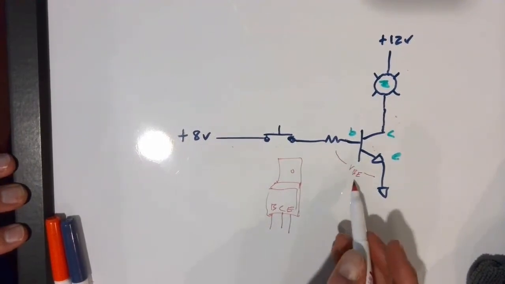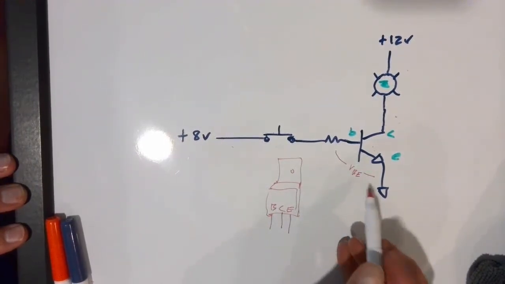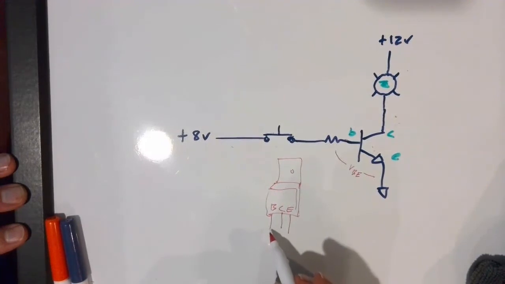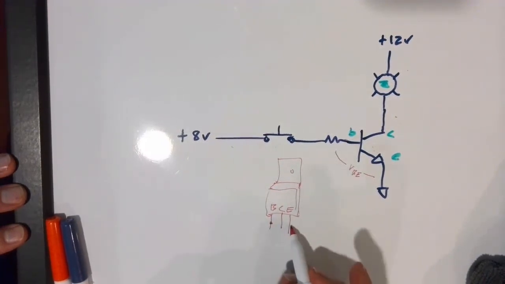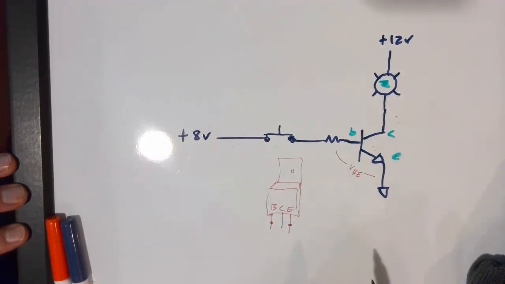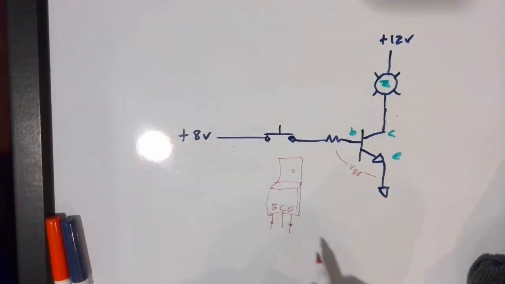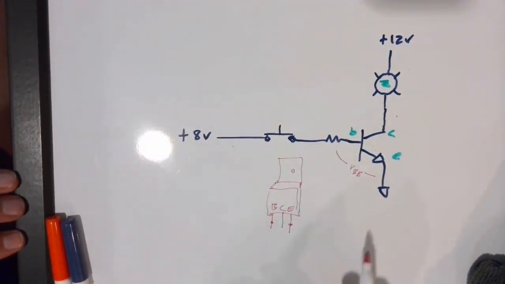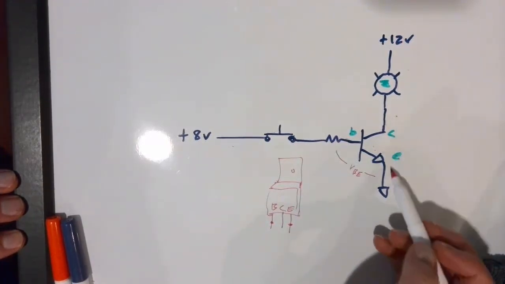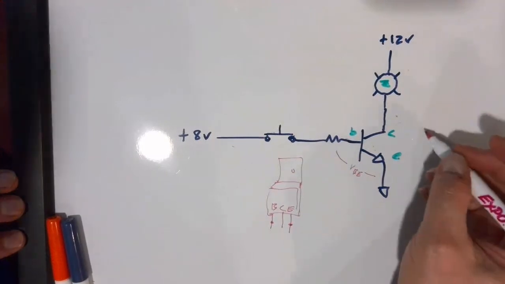If we wanted to measure the voltage across the base and the emitter, we simply measure the voltage on those pins on the transistor, the base and the emitter. Now, if the transistor is off, we'd expect that to be 0, but if the transistor is turned on, we'd see that voltage drop.